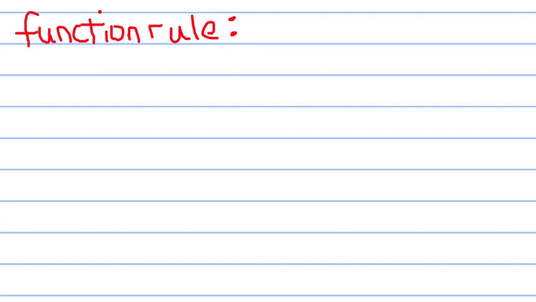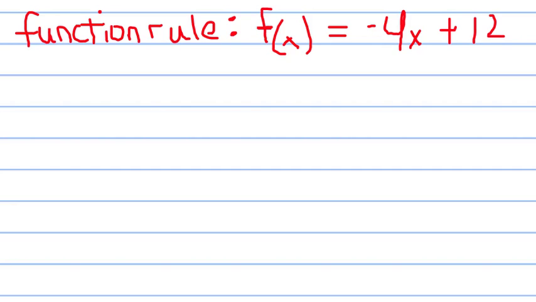Okay, let's go ahead and look at another function rule. Most of the time you will see it written as f of x, the function rule of x, and in this example on your notes I have negative 4x plus 12. And I've asked you to go ahead and use the input for letter A. I want you to use the function of negative 7. For b, the function of 3.